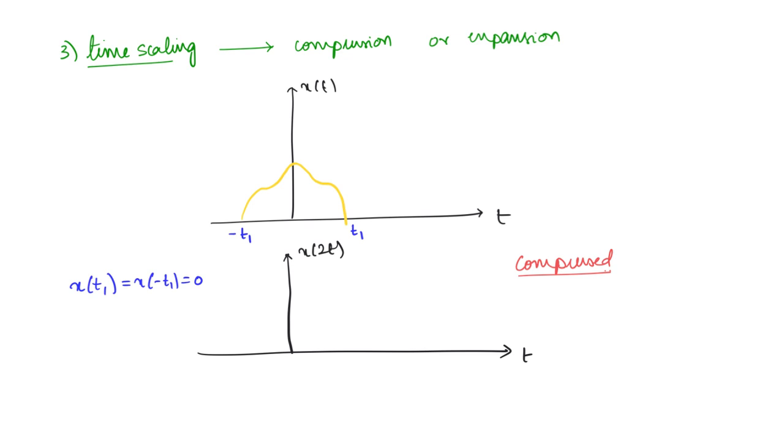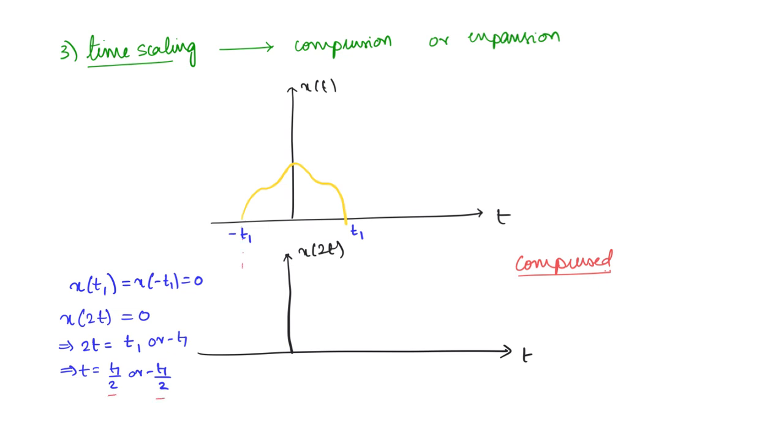Now x of 2t, if you take, if 2t should be equal to 0, this means that 2t should be equal to either t1 or minus t1. So that means t should be equal to t1 by 2 or minus t1 by 2. So the signal x of 2t is only going to occur between t1 by 2 and minus t1 by 2.